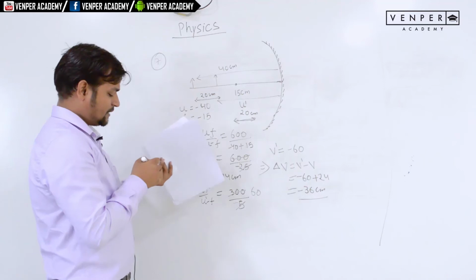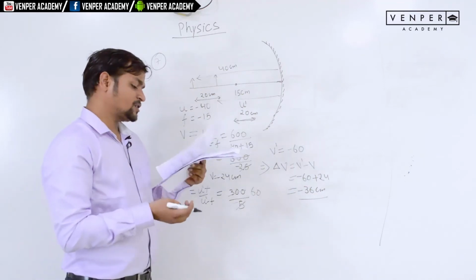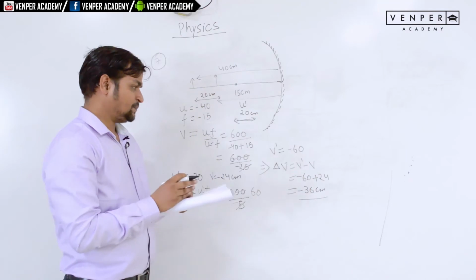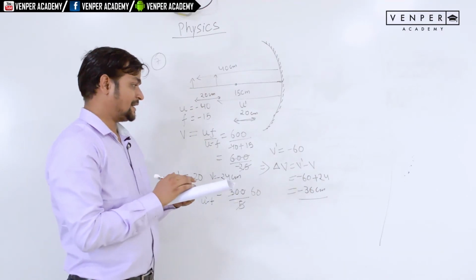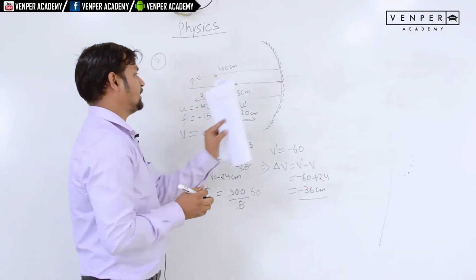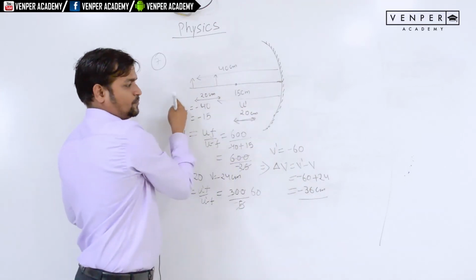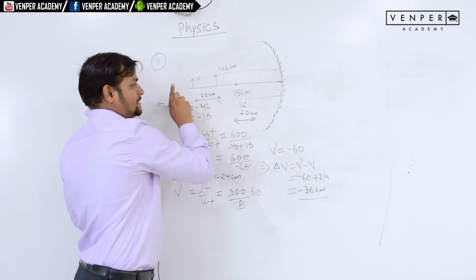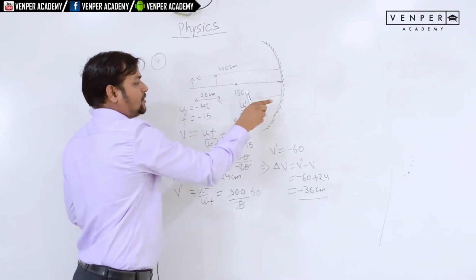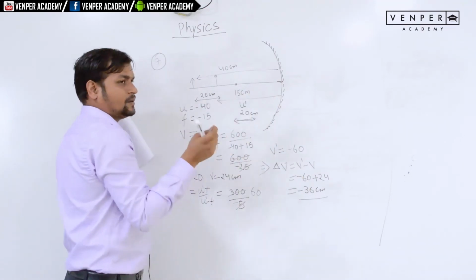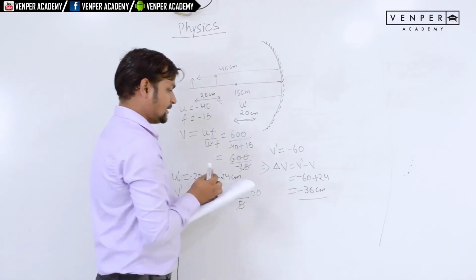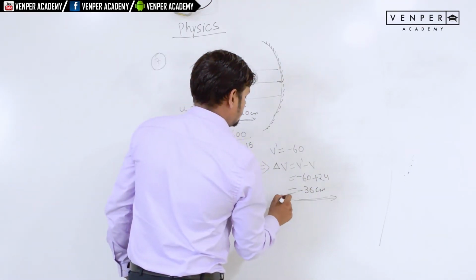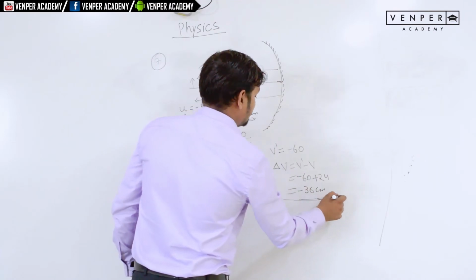Now how to find whether it is moving towards the mirror or away from the mirror? By sign convention we know that if your answer is coming as negative, it is moving away from the pole. Clear? If your answer is positive, it is moving towards the pole, in terms of the direction of the incident ray.